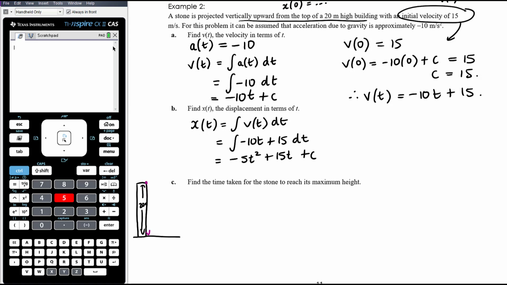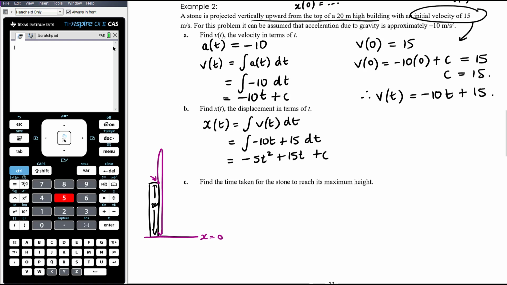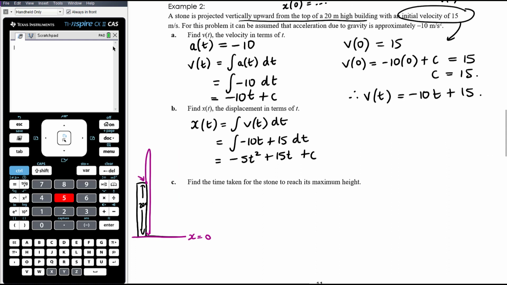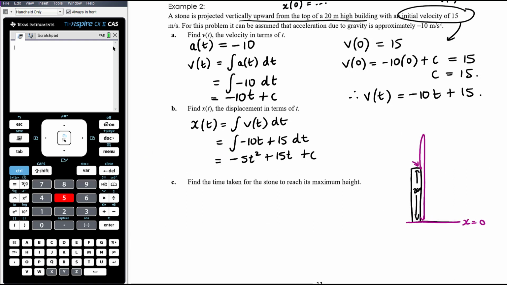So you can either measure your displacement from the ground, which would be fine, which would mean your initial displacement, sorry, I should have drawn that. Let me move it over the other side so I've got room. If you measure it that way, you would say that your initial displacement is 20.